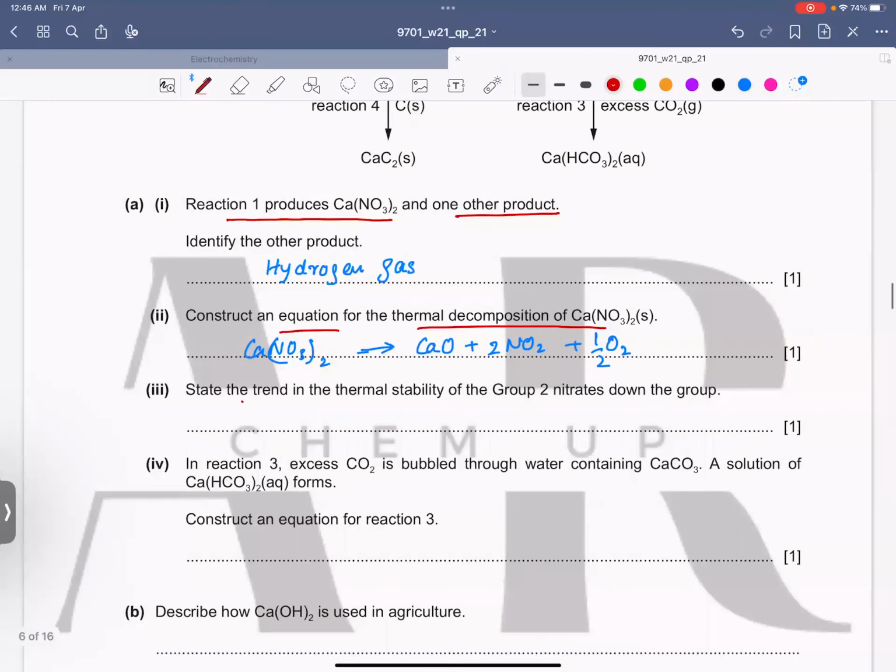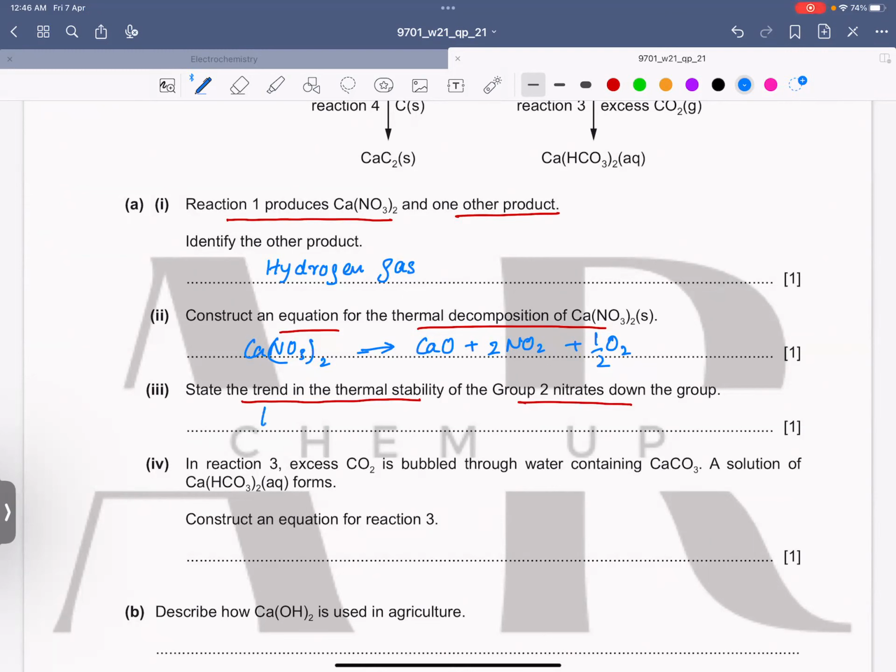Now in the next part, they are asking to state the trend in thermal stability of group 2 nitrates down the group. As we move down the group, the thermal stability increases because there are strong forces of attraction between the ions and very little distortion of the anion. So it's for 1 mark.